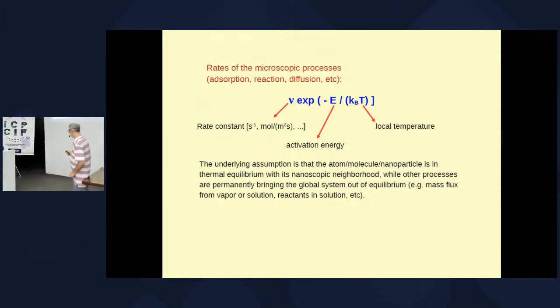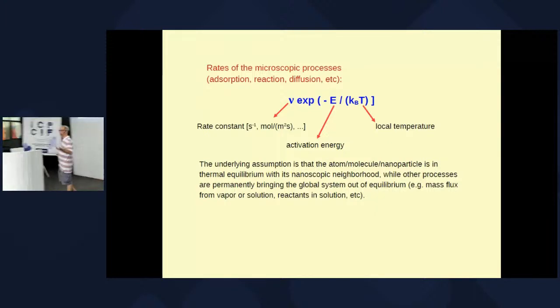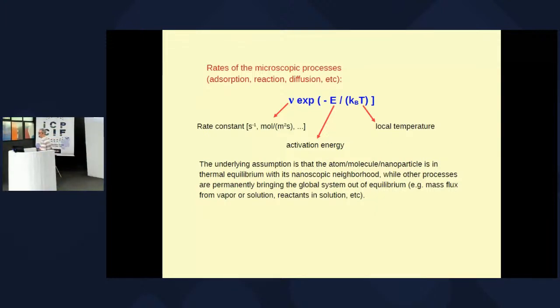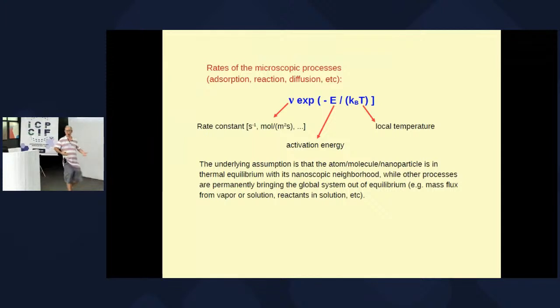But the whole system is continuously being brought far from equilibrium due to other processes, for instance, due to the deposition of material, which is the flux from vapor or solution, or due to the presence of reactants in solution that lead to irreversible reactions.